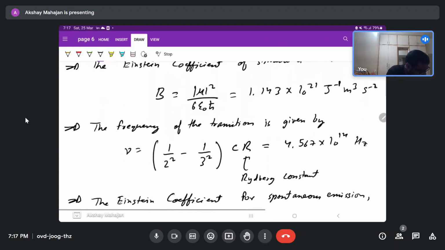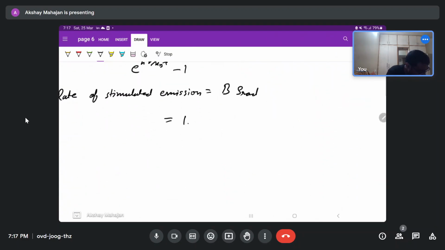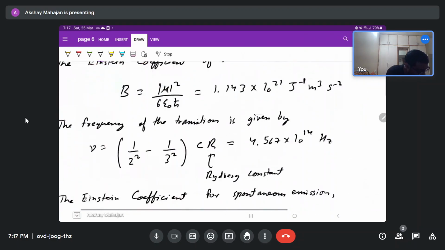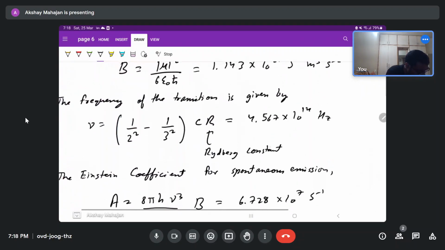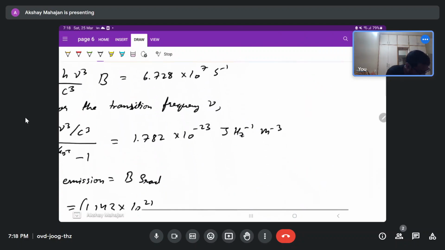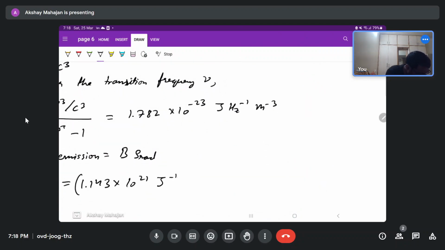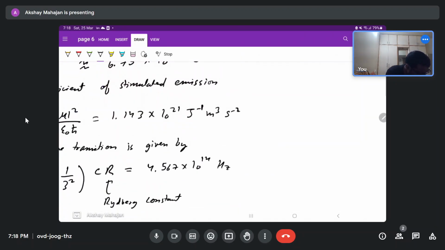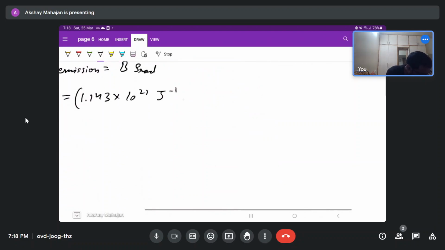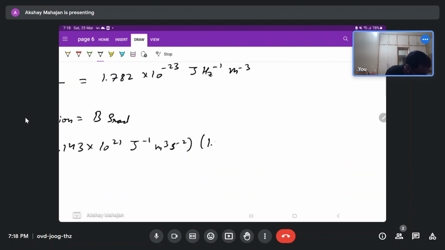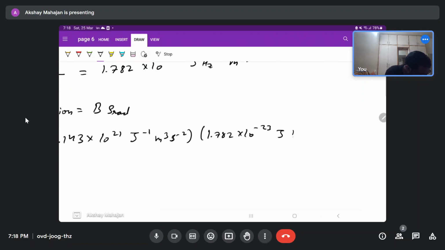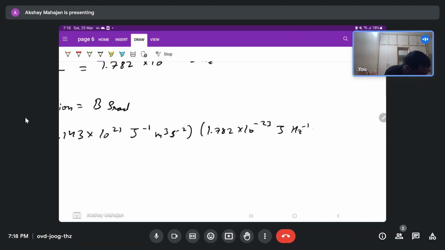Now our B is 1.143 into 10 to the power 21 joule inverse meter cube, and we have rho radiation, which is given by 1.782 into 10 to the power minus 23 joule hertz inverse per meter cube.